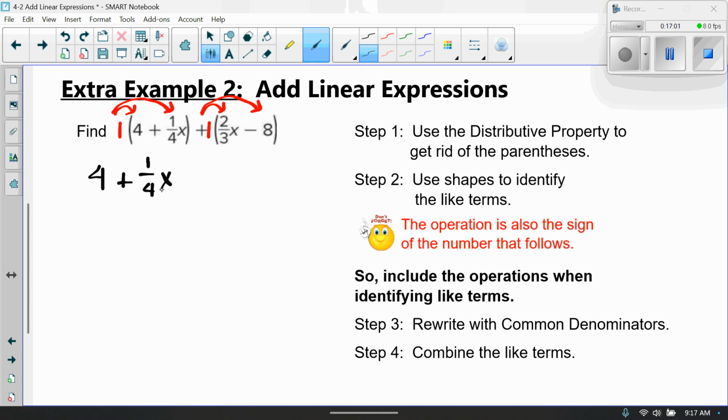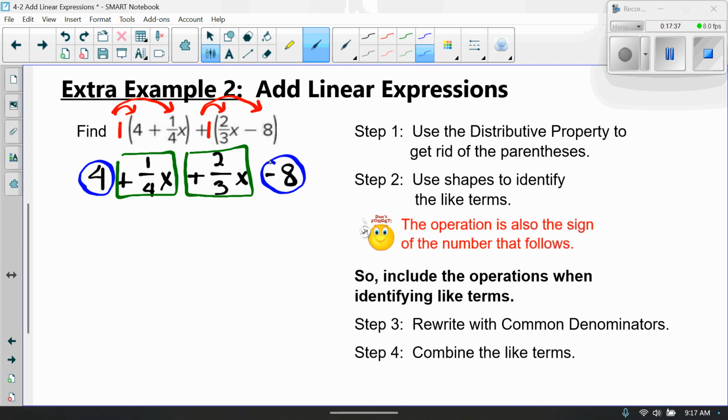And then the second expression, we've got a positive 1 times a positive 2/3 x, that's going to be a positive 2/3 x. And then a positive 1 times a negative 8 gives us a negative 8. Okay? So now use our shapes to identify like terms. So we've got some x terms here. And we've got some constants there.